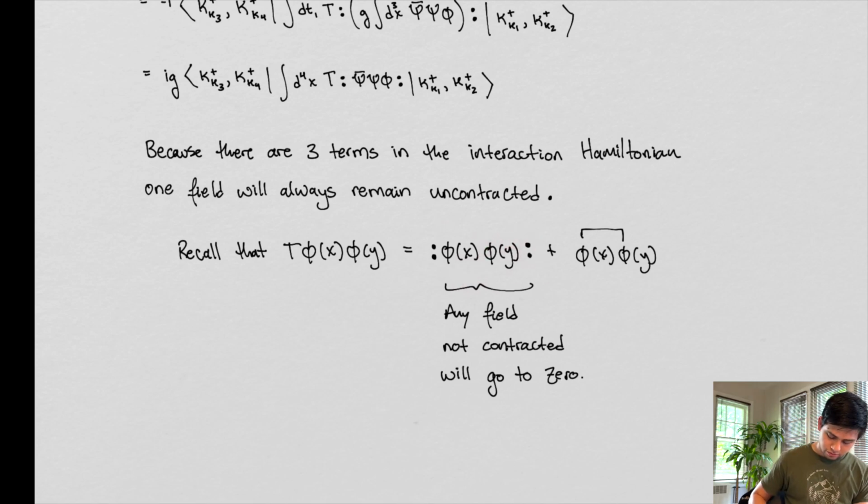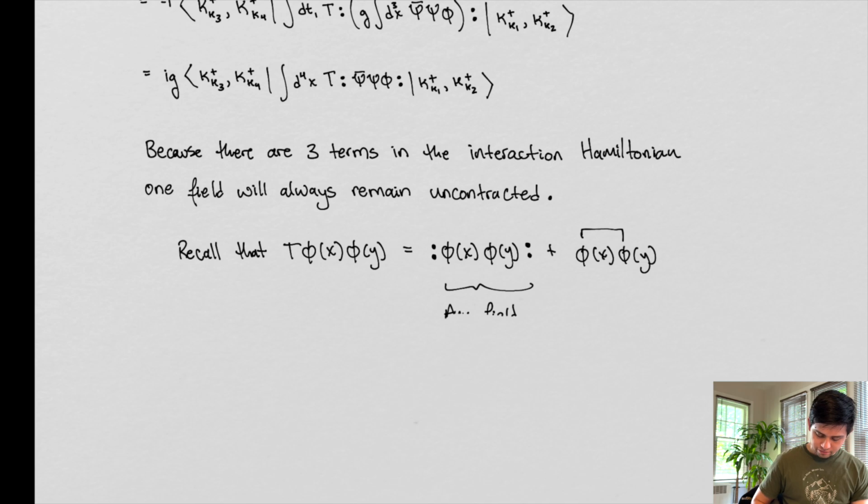This doesn't really make sense, right? Effectively, what we're saying here is that if a field is left uncontracted, then it's going to make everything go to zero, right?